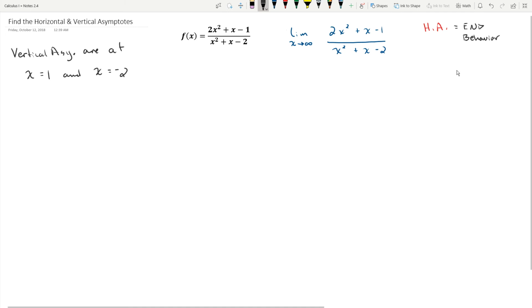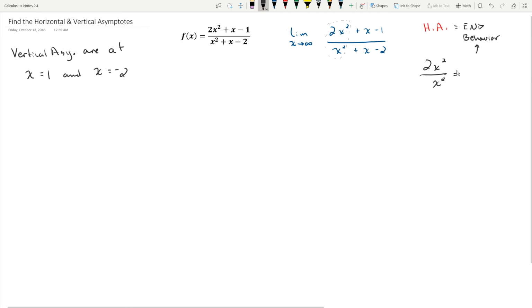And again, one way that you can check with a rational function or a polynomial is to find the lead coefficient or lead term. In this case, it's going to be the highest variable for the numerator and denominator. In this case, it's already lined up such that 2x squared over x squared is going to equal the end behavior of our function's curve.